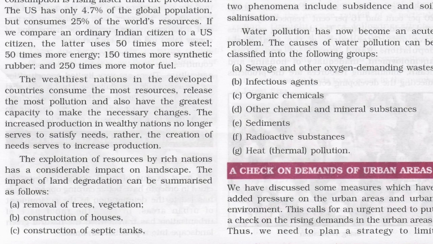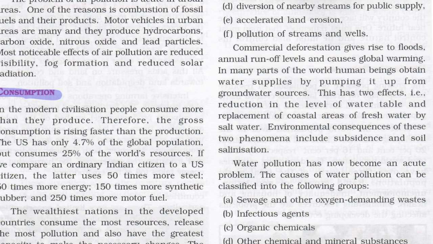The impact of land degradation can be summarized as removal of the trees and vegetation, construction of houses, construction of septic tanks, diversion of nearby streams for public supply, accelerated land erosion and pollution of streams and wells.